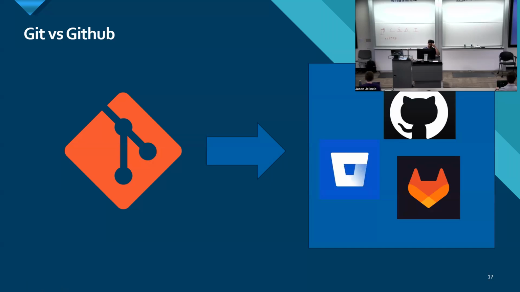Now, many of you might have heard the terms Git and GitHub, and possibly you relate these terms interchangeably. But Git is a version control system that allows you to manage the versions of your code, and it allows you to go back to previous versions and changes in your code.